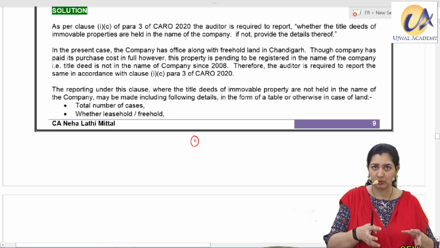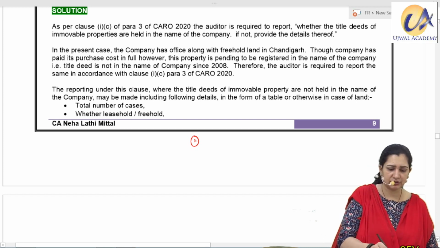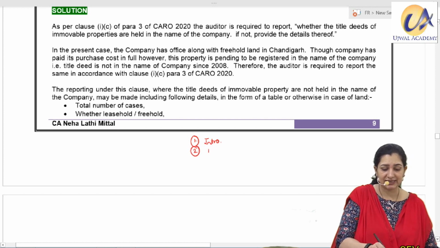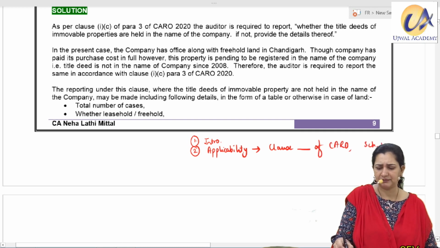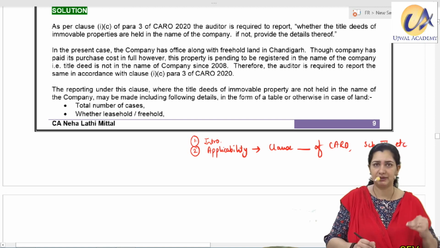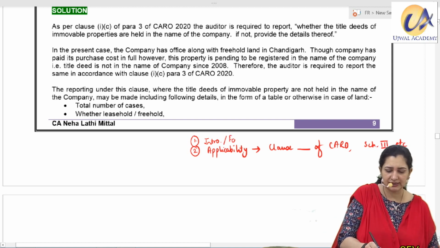What is the case about? Then we are going to have what is applicable. So when we talk about applicability, we are going to mention the clause so and so of Caro. We can also talk about Schedule 3, whatever it may be, etc. What is applicable? This intro of facts of the case we give first.